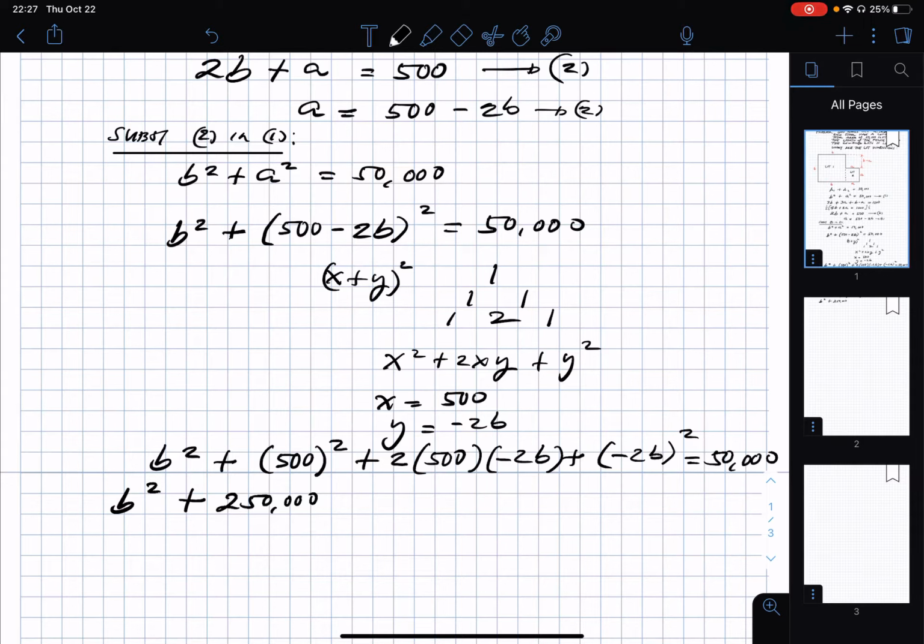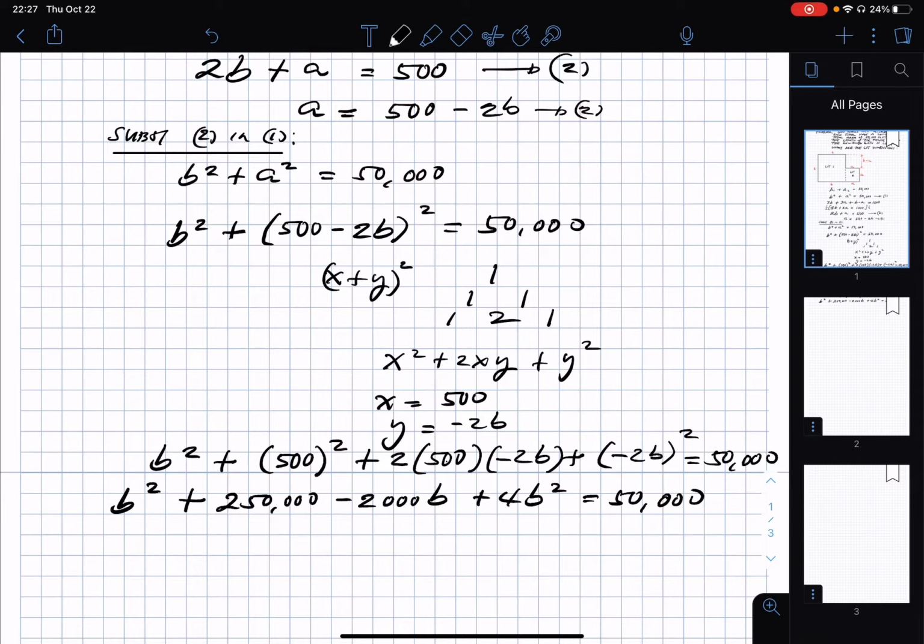So 2 times 500 times 2 will give you 2,000 minus 2,000b. Okay. Negative 2 times negative 2 will give you plus 4b squared. Okay. So you have 50,000 on the other side.